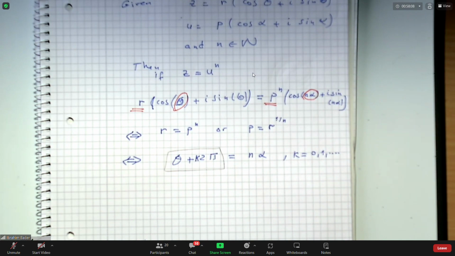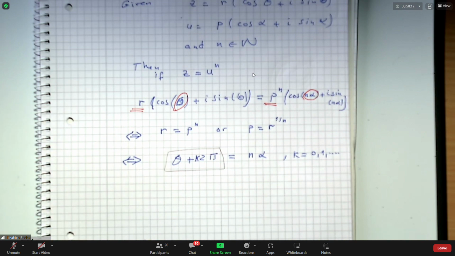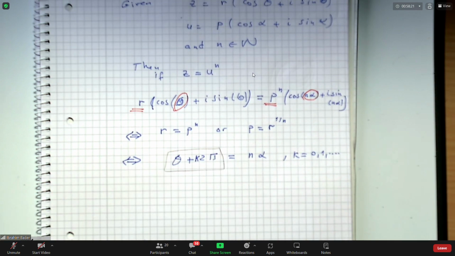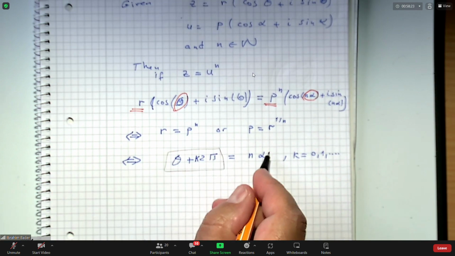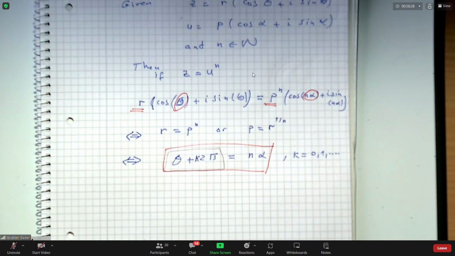Now let's solve this equation for alpha. What do we get? Let me do it here in red.